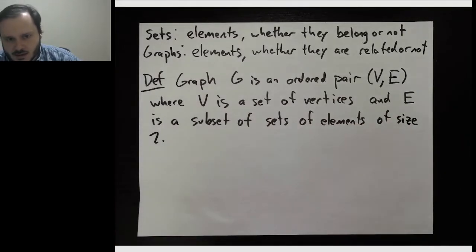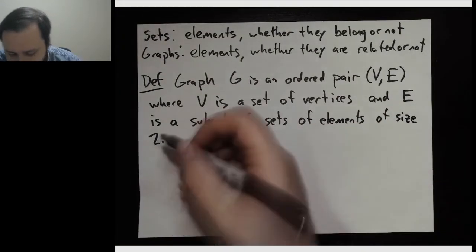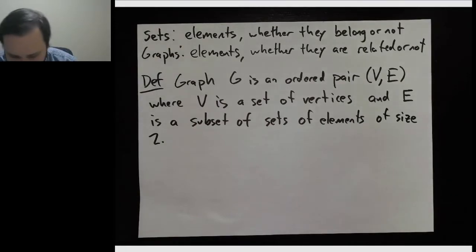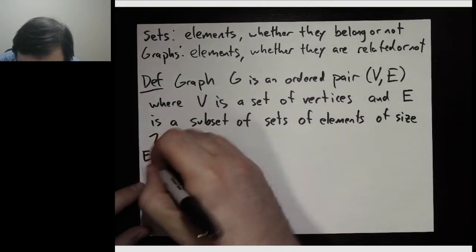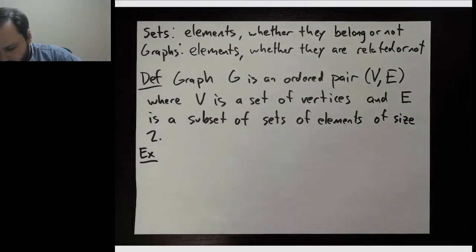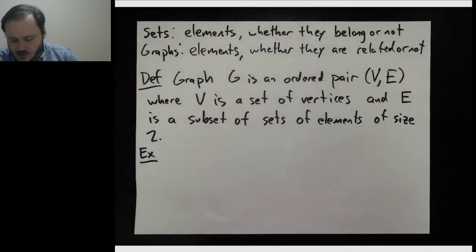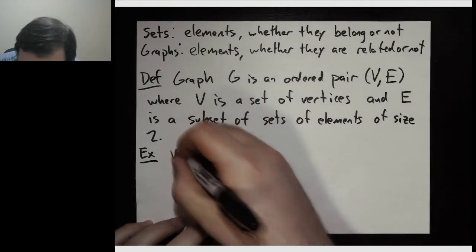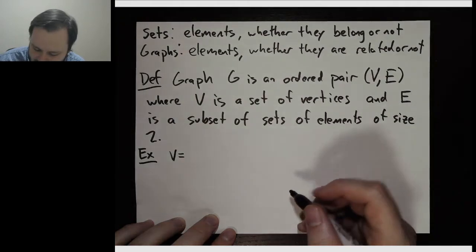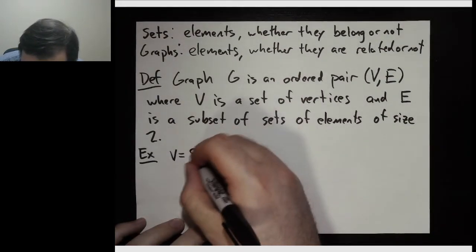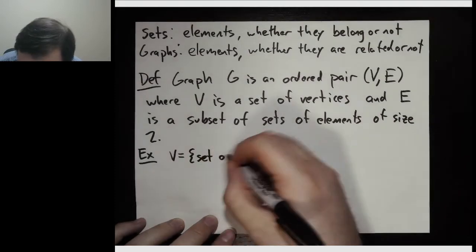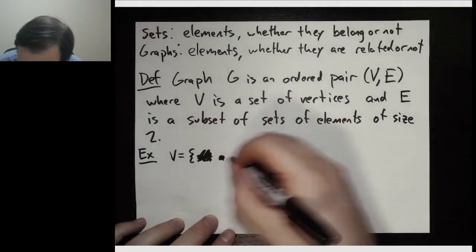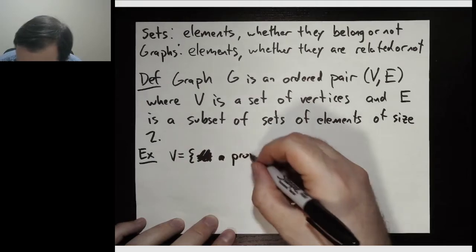Okay. But this definition is really not how we think of graphs. So I want to give you an example of a graph. And normally when we draw graphs, we draw vertices as points and edges as lines between those points. So in this graph, my vertex set V is going to be the set of provinces of Canada.